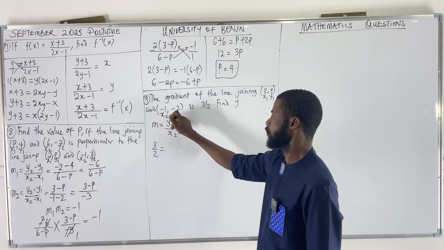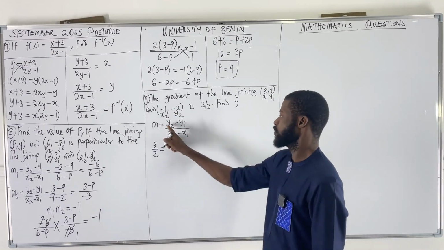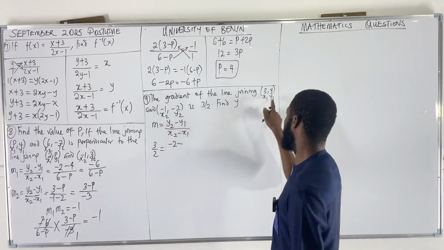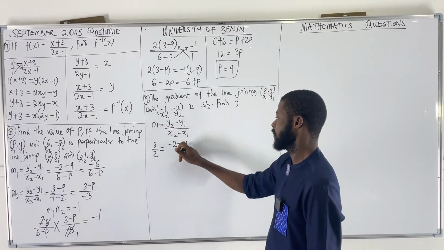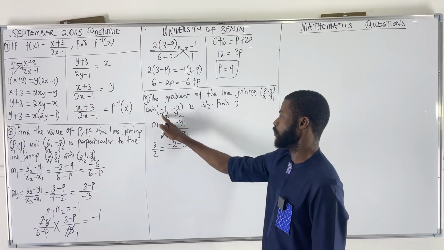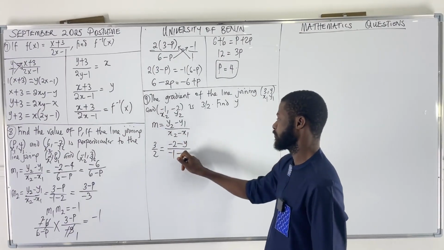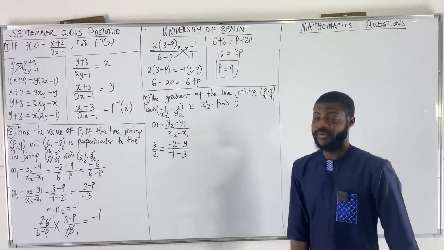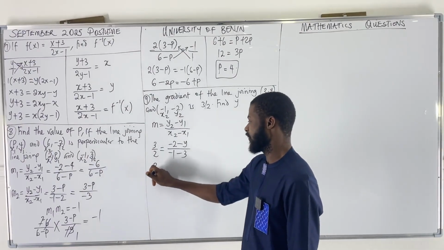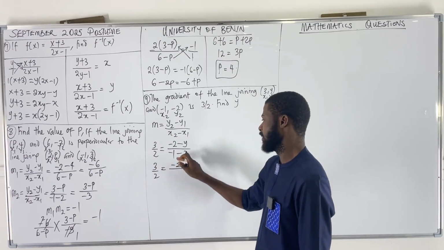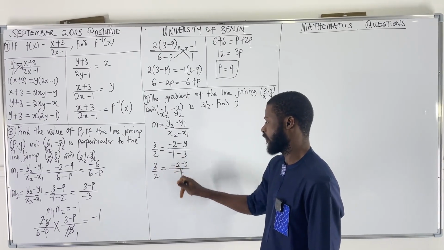This is x2, y2. So y2 is minus 2, minus y1 which is y, divided by x2 which is minus 1, minus x1 which is 3. Beautiful.